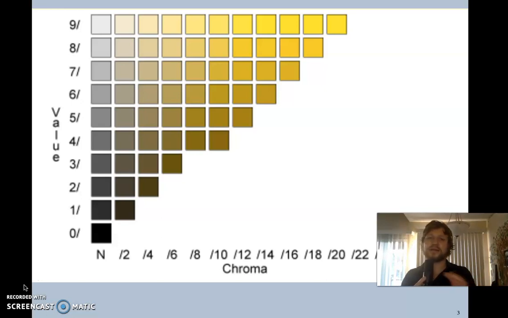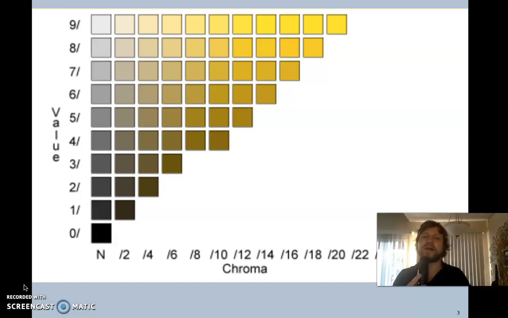So go along the top row, number 9 there. Look at that row, and look at how the most intense yellow is on the far right, and as we're moving left, it's getting more and more washed out, until we get to a fully neutral color with no chroma in it whatsoever. And those are supposed to be all the exact same value, but there are different intensities.